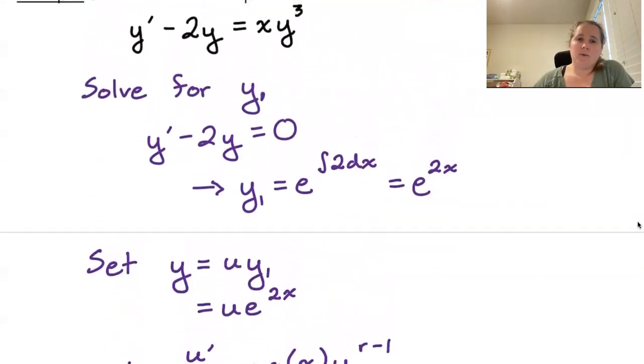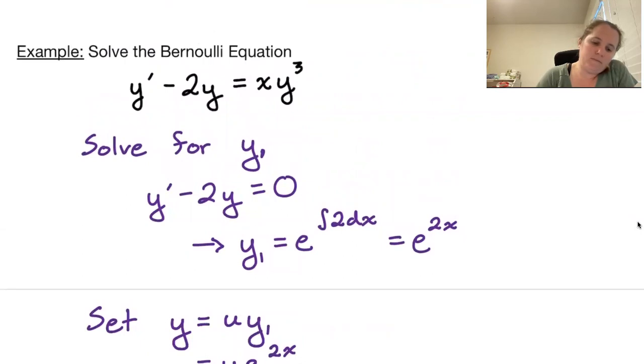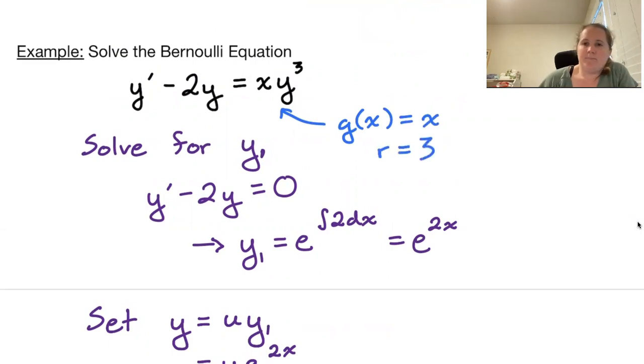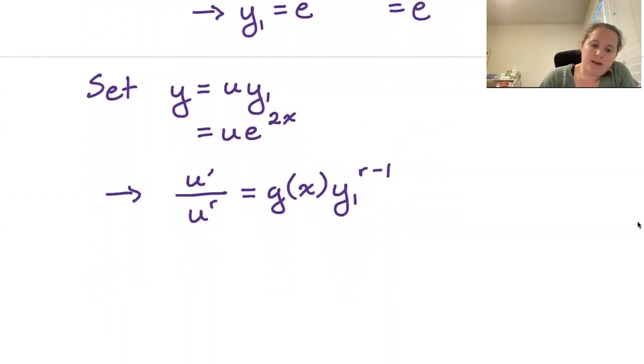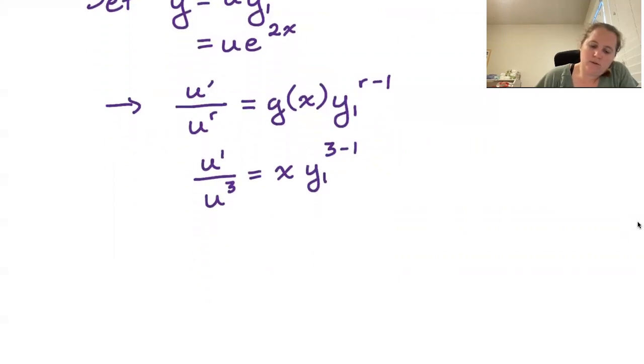In our original equation, scrolling back up, our g of x is x and r is 3. So going back here, we have u prime over u cubed is equal to x times y1 to the 3 minus 1, or u prime over u cubed is equal to x times y1 squared.